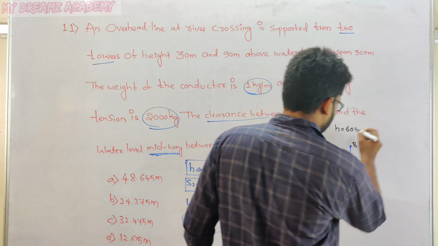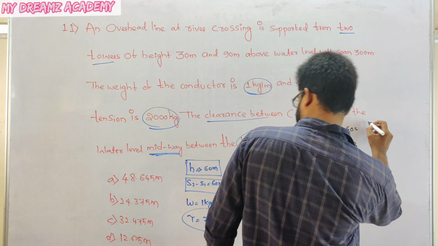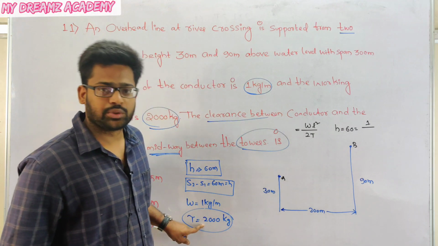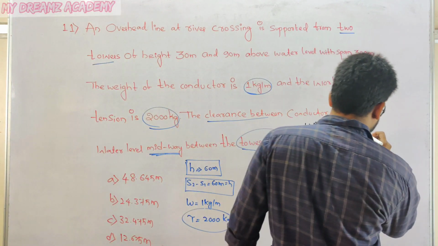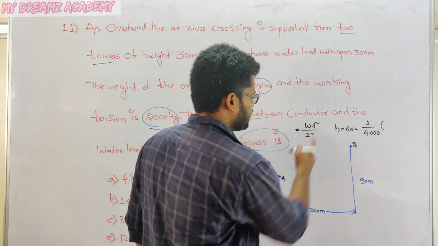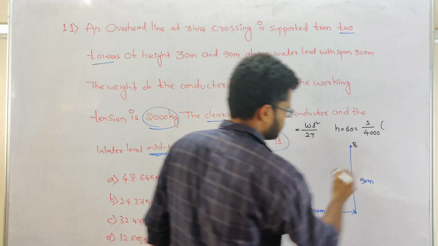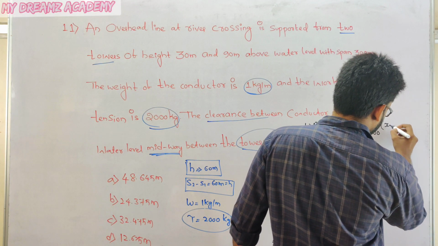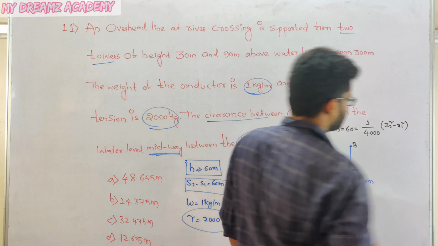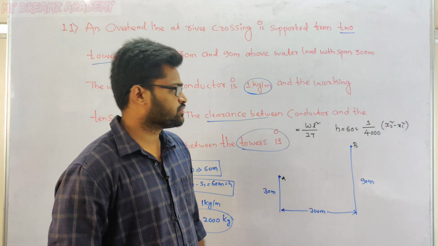So W by 2T is 1 by 2 into 2000, it will give 4000, times L square, that is nothing but the difference between these two, x2 square minus x1 square.